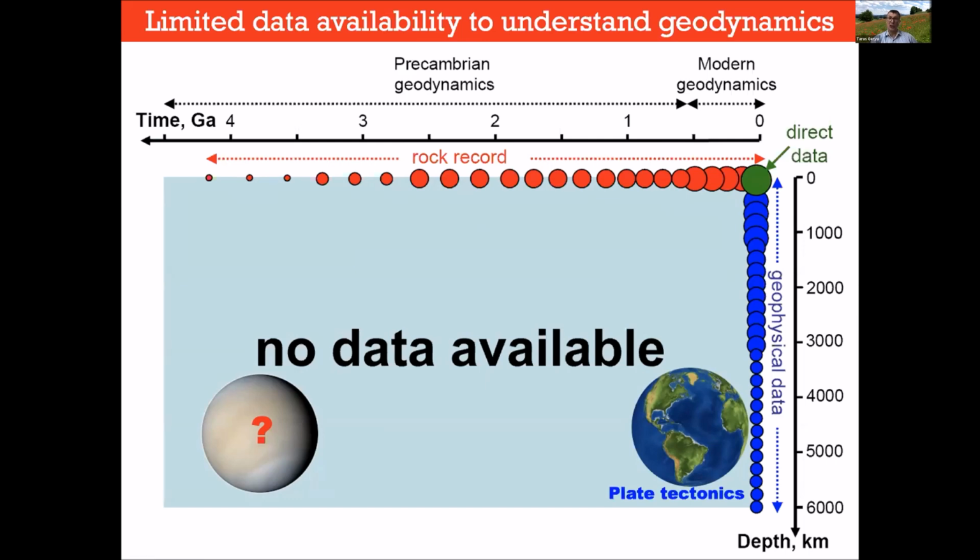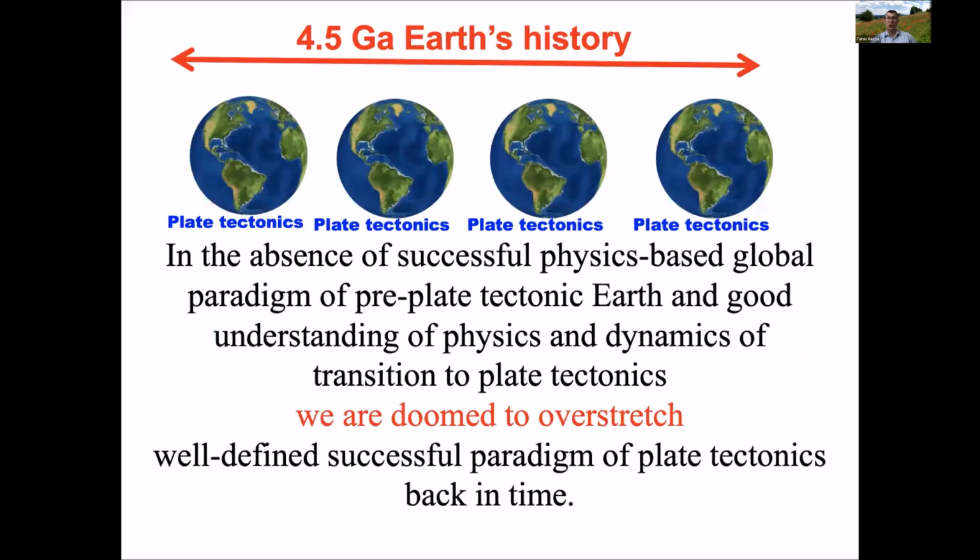Then we have to compensate it with something. And what do we use? Intuition. And this intuition can be potentially erroneous. It's dangerous to use intuition under such circumstances because our intuition is trained by the domain where we have most of the data. We have most of the data for present-day plate tectonics.